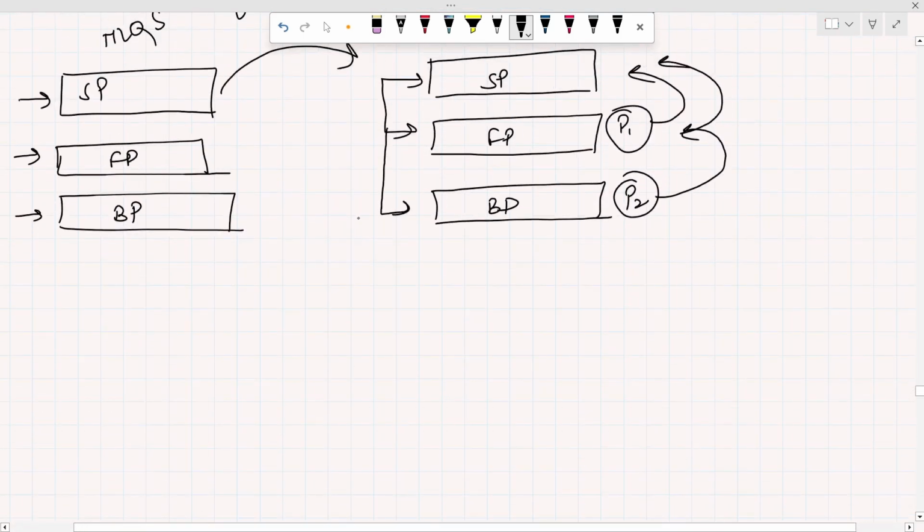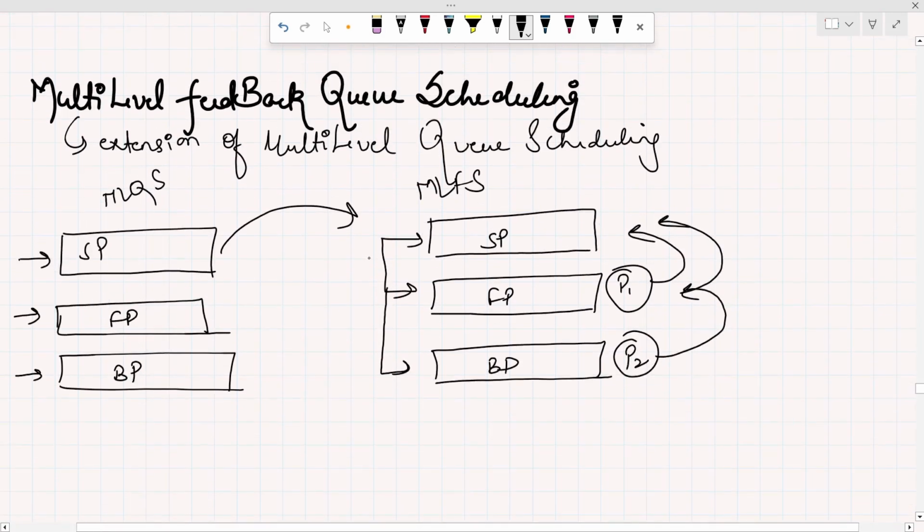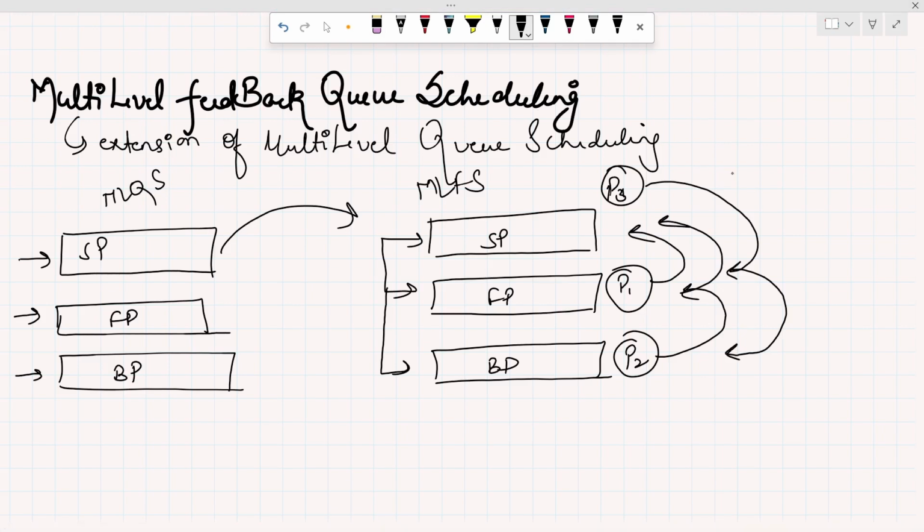A process can upgrade to a higher priority queue, or a process can degrade as well. Let's say process P3 is in the system queue, but it does not want to execute first, because there are many other important processes. So P3 can degrade from system to foreground to background as well. So shifting between these queues takes place from high priority to low priority or low priority to high priority.